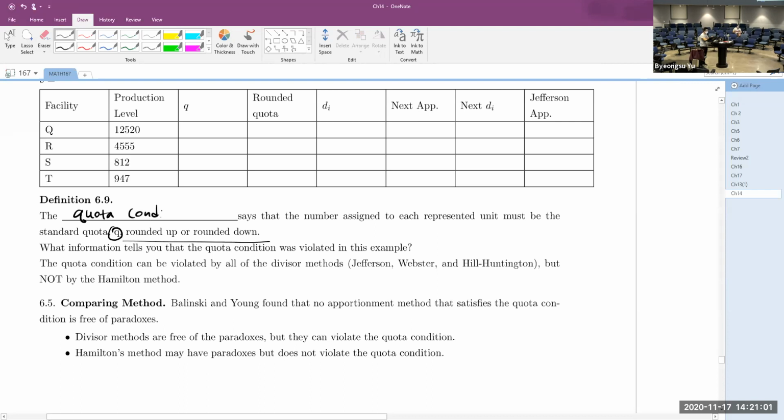Which means that if you have Q, calculated by your population over the standard divisor, then your final apportionment should be the round up or round down of your quota, right?